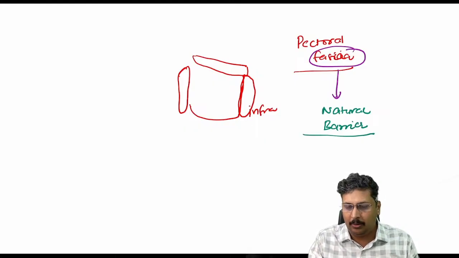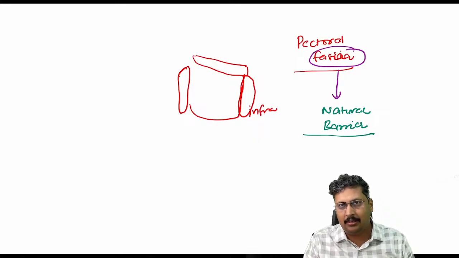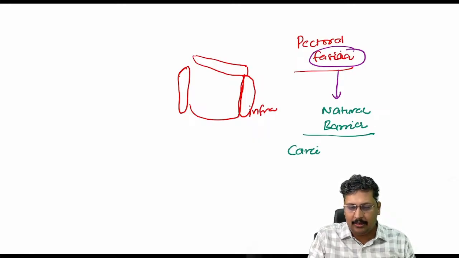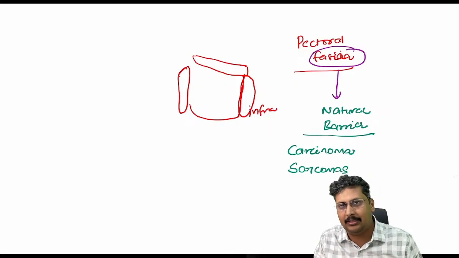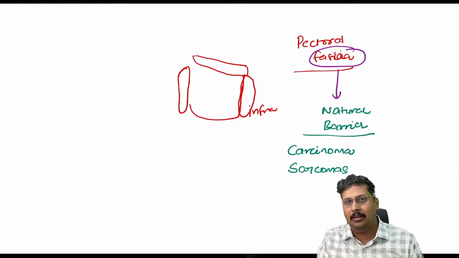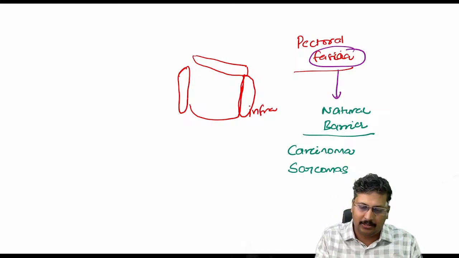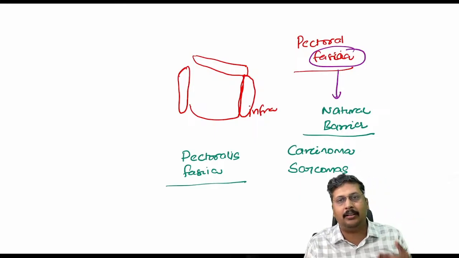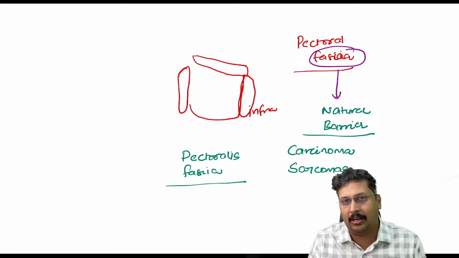So whenever you include any fascia as a margin in both carcinomas, which are epithelial cancers, or sarcomas, which are mesenchymal cancers, they will give us a very good oncological safety because they are relatively resistant to the spread of the cancer cells. So it's always important to include pectoral fascia as a base when you are lifting the breast tissue away from the pectoralis major muscle.